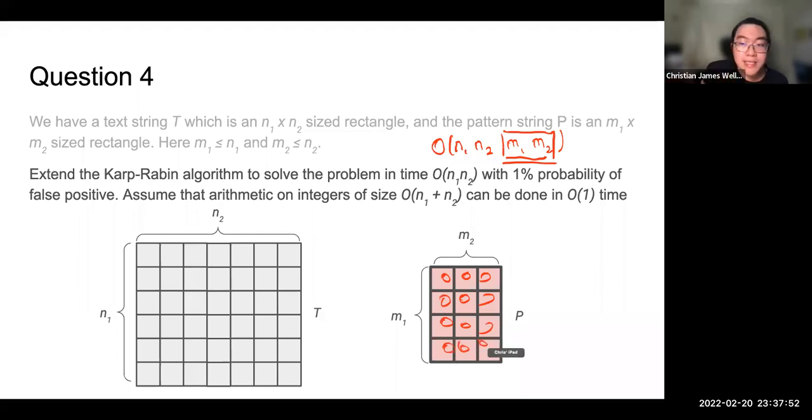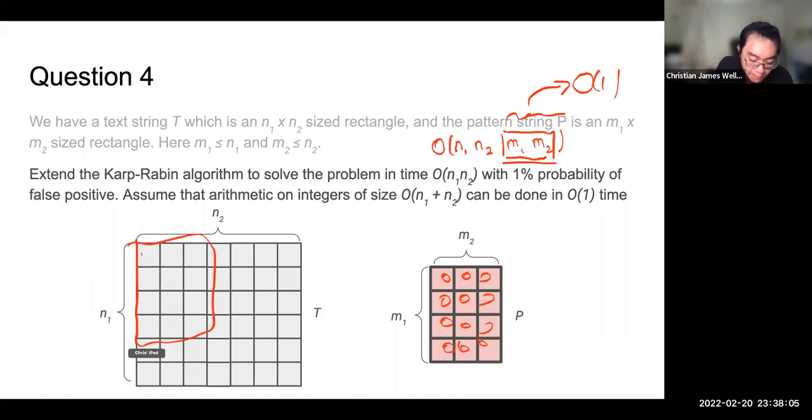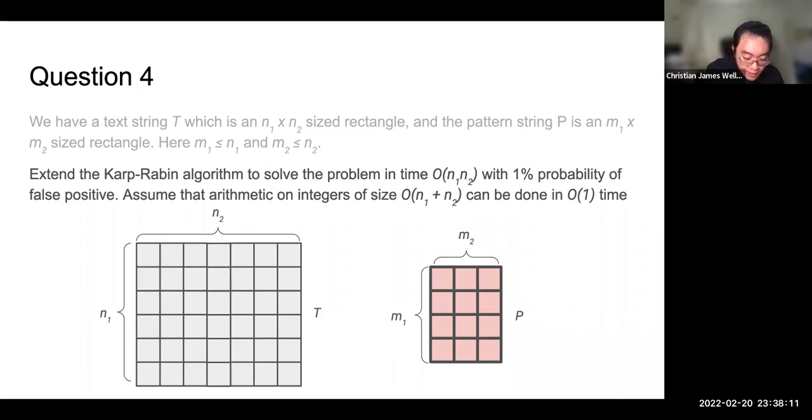Notice how this term vanishes, so it becomes O(1), a constant time. The idea is that when we try to do a matching, this single match can be done in O(1) time, a very fast operation, and we do that matching N1 times N2 times.